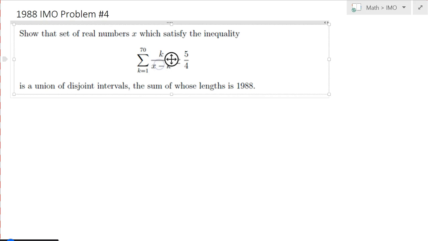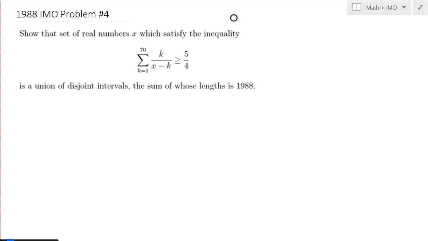So first of all, I would like to generalize this result and rather focus on the following expression instead. So f of x is simply equal to 1 over x minus 1 plus 2 over x minus 2 and so on, n over x minus n.